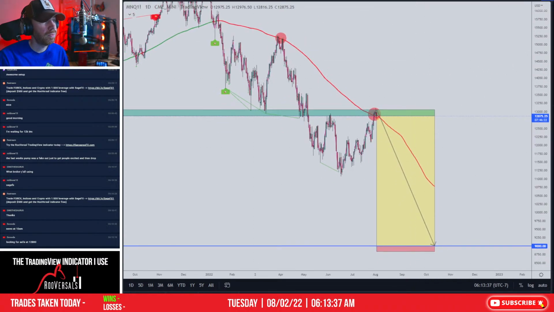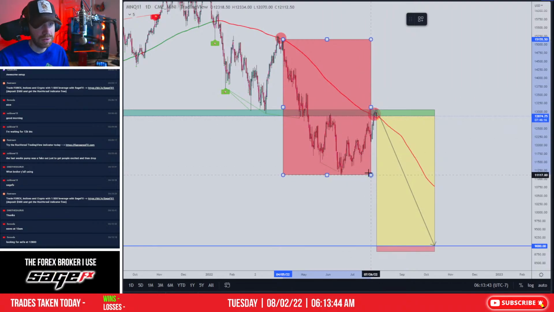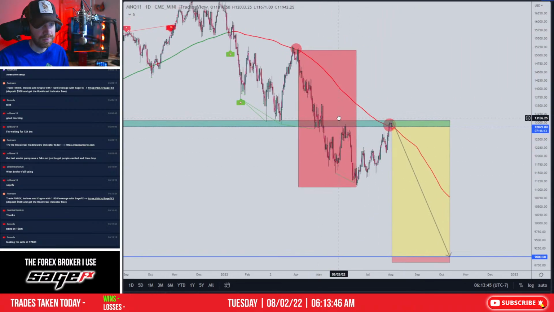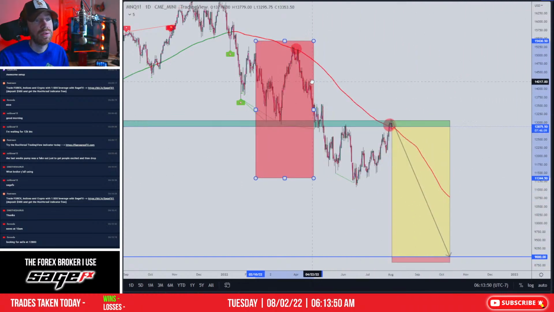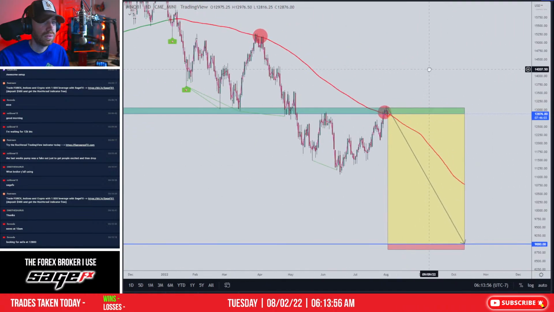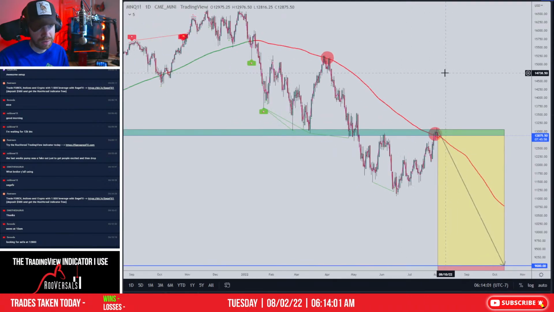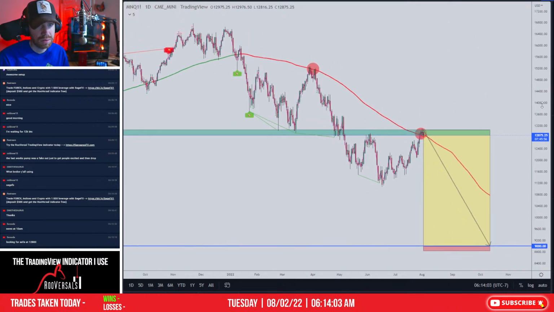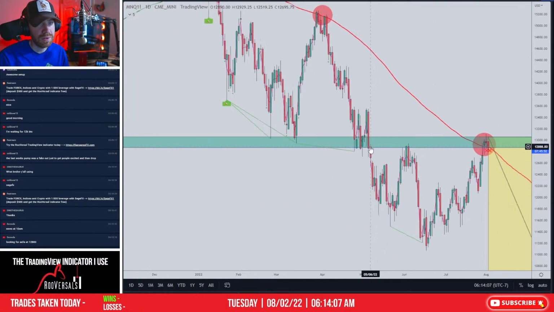The way I got this price prediction is basically, I took a box from this moving average touch to now, and I moved how far that leg would go down if this mimics. Like there's nothing bullish about the market. There's a reason why NASDAQ rejected this area, right?